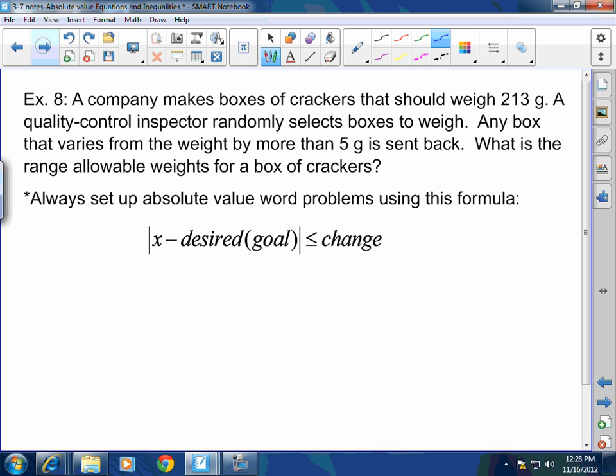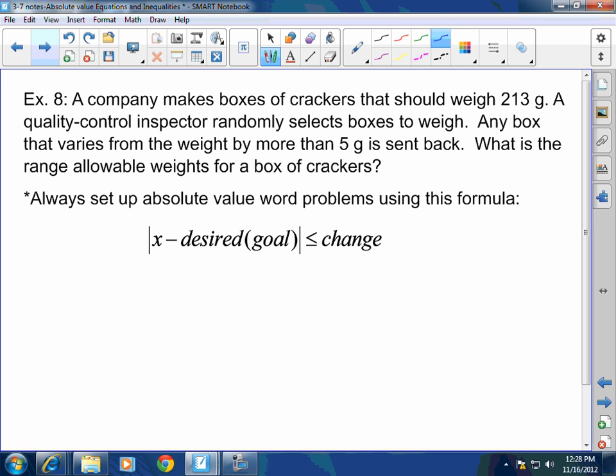Yes. Okay, now. All right. The part that everyone loves. Luckily, Mr. Morrow came up with a formula. I invented this. It works every single time. A company makes boxes of crackers that should weigh 213 grams. A quality control inspector randomly selects boxes to weigh.